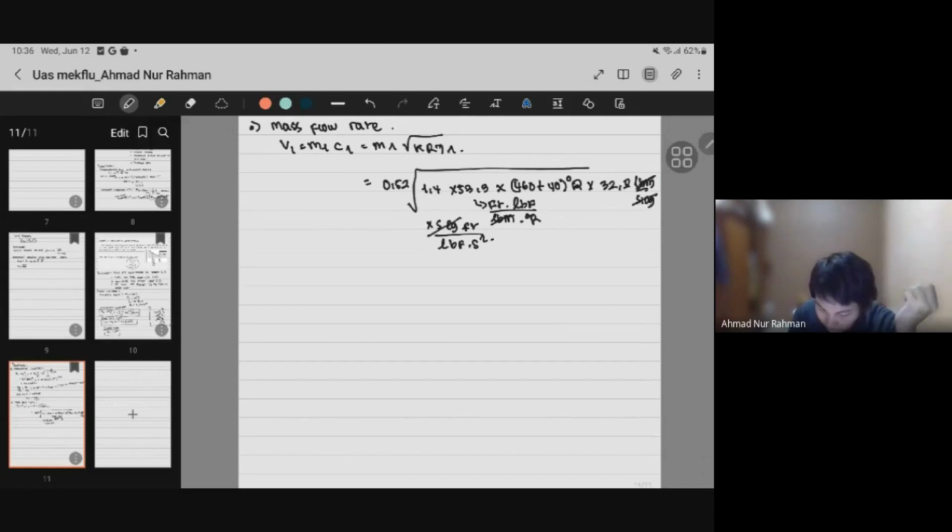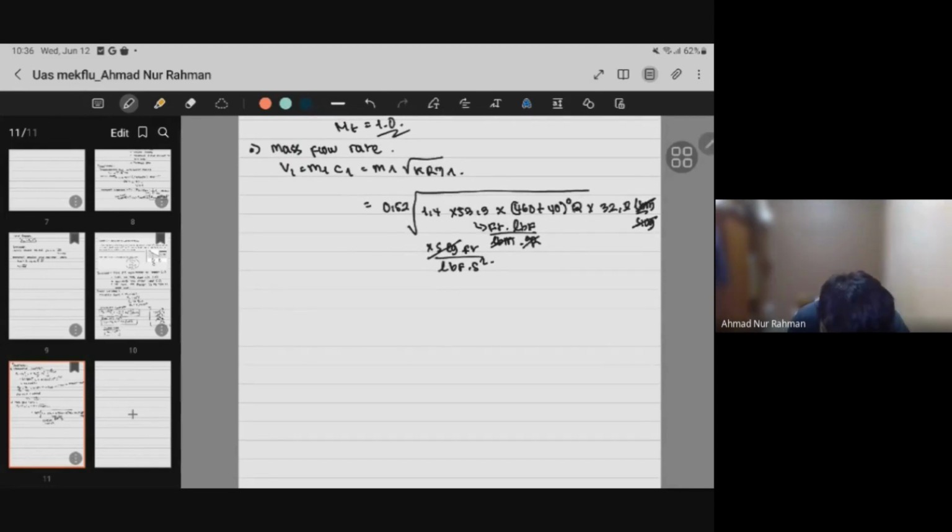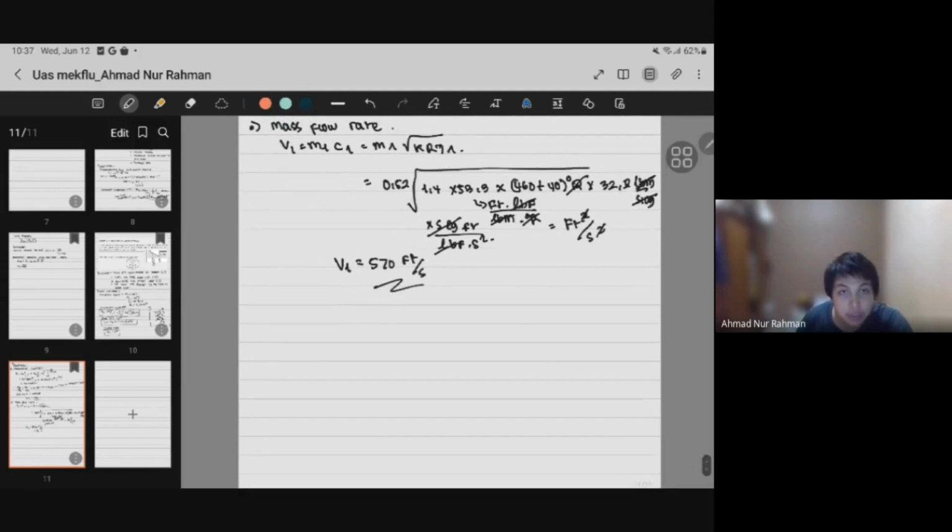This is slug, and feet stays, and R disappears. LBF disappears. So the V1 we get is 570 feet per second, because feet times feet is feet squared per second squared. The next is we need to find rho1.